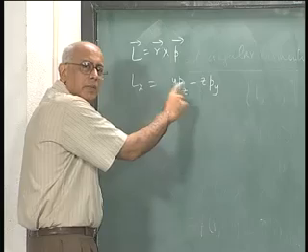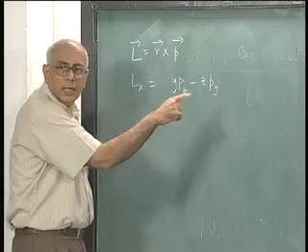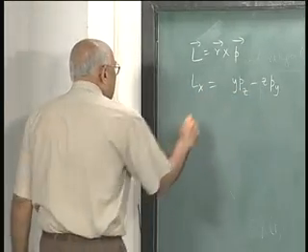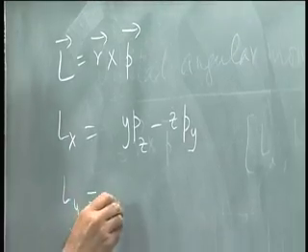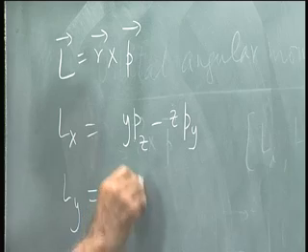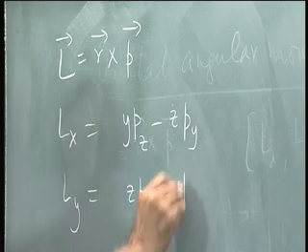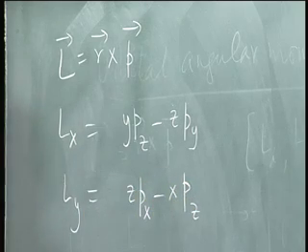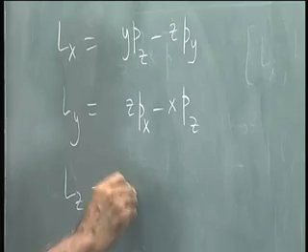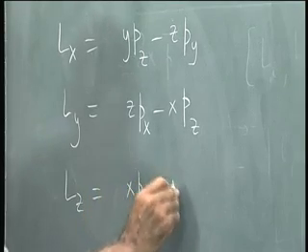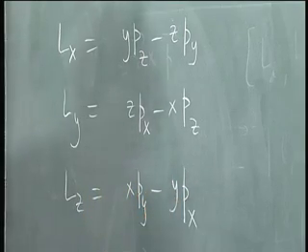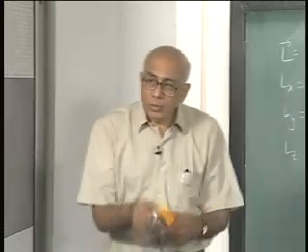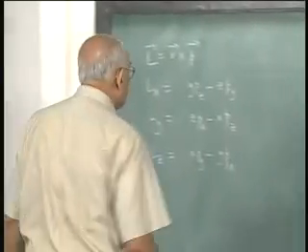These two commute between themselves, so it does not matter which order I write it in. Ly is equal to z px minus x pz, and Lz equal to x py minus y px. Now you could ask, what do these look like in the position basis? Suppose I am going to act on functions of r, theta, phi, what do these look like in spherical polar coordinates?